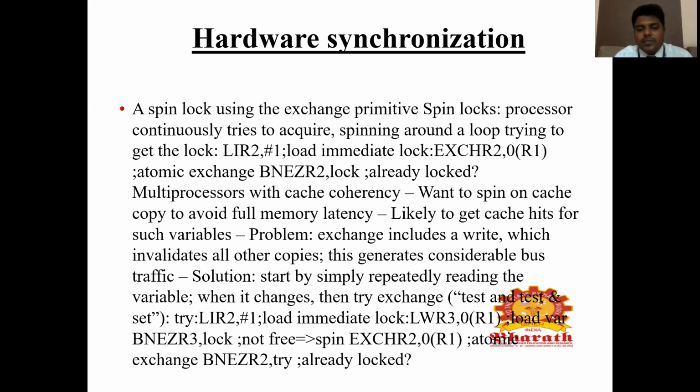The problem is that exchange includes a write, which invalidates all other copies. This generates considerable bus traffic. And we have a solution for this: start by simply repeatedly reading the variable, and when it changes, then try exchange.